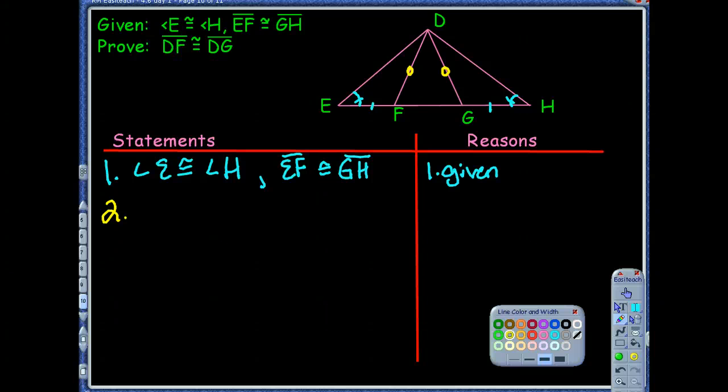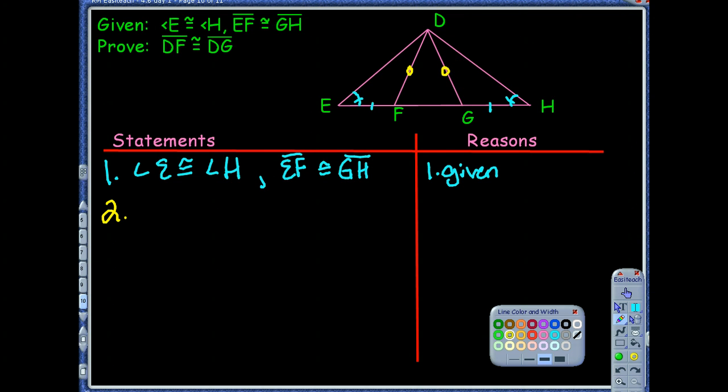The reason I'm leaning towards that is the given is telling you stuff about triangle DEF and triangle DHG. So we already have two congruent pieces. If I can come up with a third congruent piece, then those two triangles are congruent. And notice she's talking about these triangles right here. They do have an overlapping part, and that's the only overlapping part we need. They give us a segment and an angle within those triangles too.